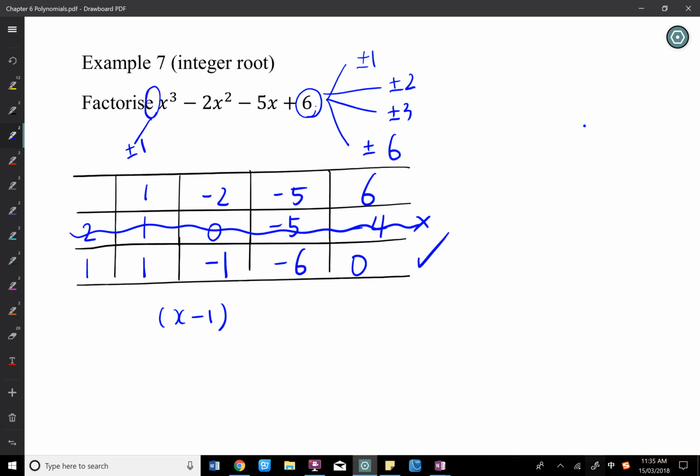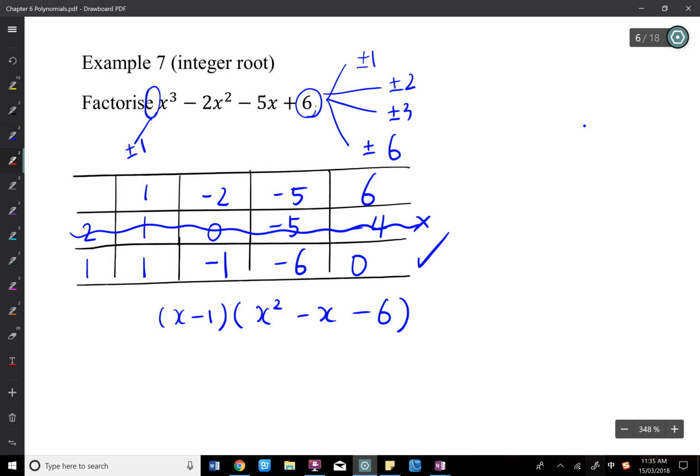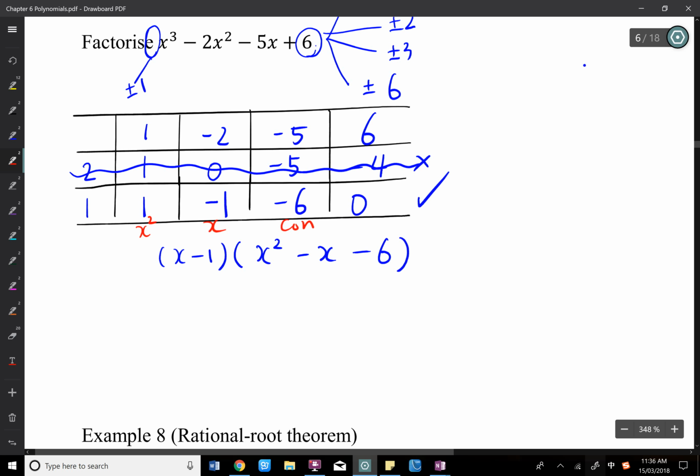Then what's left is x squared minus x minus 6, using the coefficients of x squared, x, and the constant: 1x squared minus 1x and minus 6.